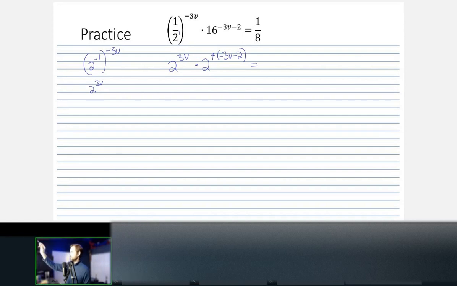I can make 1/8 equal 1 over 2 to the third power, right? Is 2 cubed 8? It is, right? Yeah. So then I can flip it and bring that 2 to the third to the top and make it a negative 3. So does that look good?